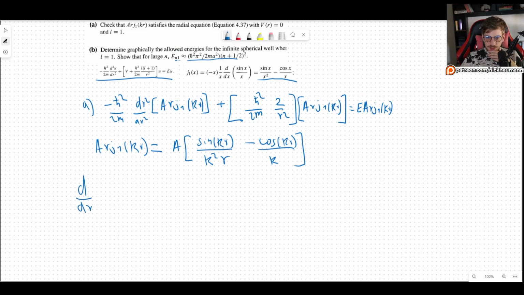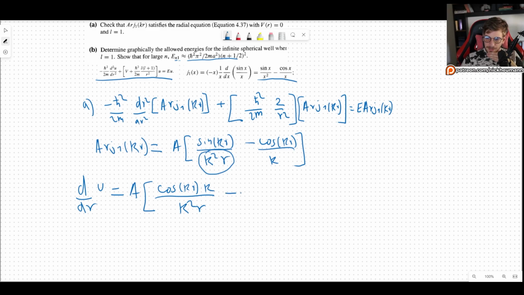So let's begin with one. So d/dr of u. Of course the A will not be affected. Then we have sine of kr, that gives us cosine of kr times k divided by k squared r. Then we have plus the derivative. I'm using here the product rule, but keeping in mind that this is basically multiplying by k to the minus 2 and r to the minus 1.